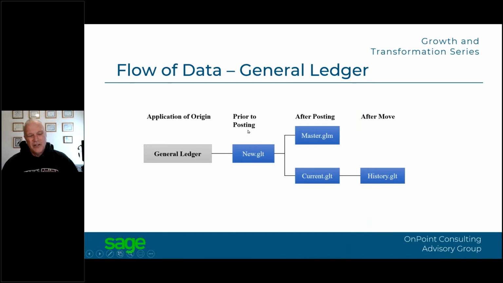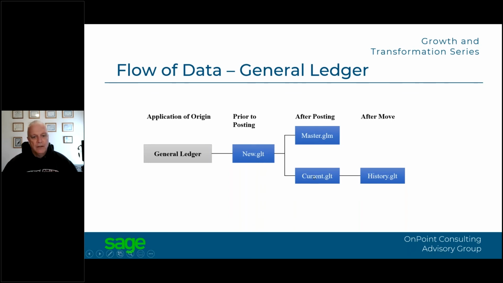A little visual here, a picture's worth 1,000 words. When you entered in GL, things are in the new file. After you post, your master files accumulate: your job, your life to date, your month to date, your year to date activities all accumulate, and you've literally moved from new to current in GL.